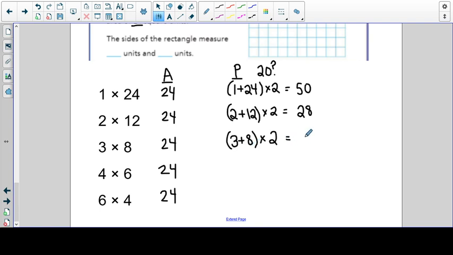Double that to get 22. Now as we've gone through this, you can see we're getting closer to 20. So 4 plus 6, double it. And here we go. 4 plus 6, that's 10. Double it, we get 20.